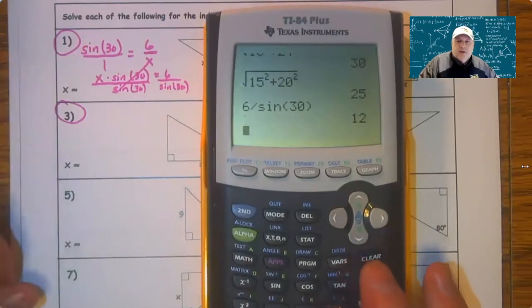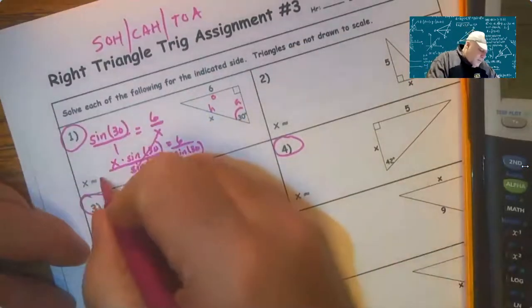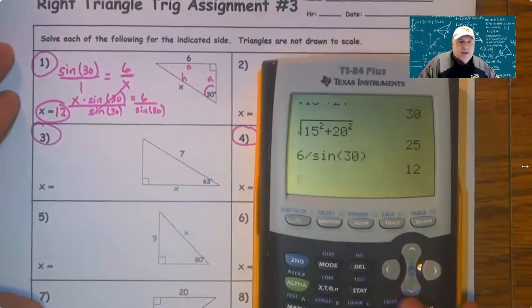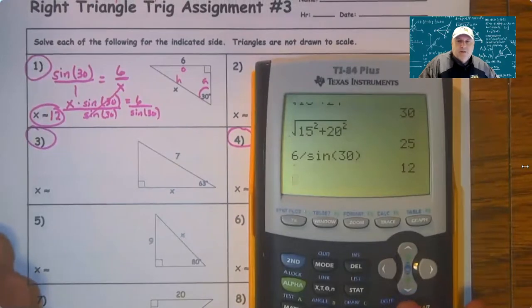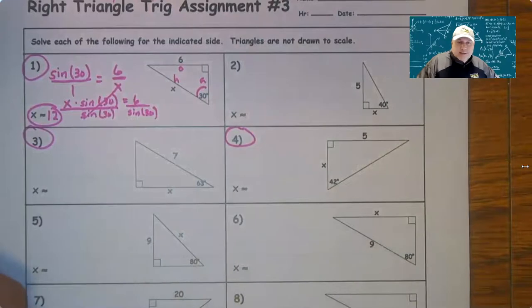It's in the learning plan. Just look at it, watch the video. You do need to make sure you're in degree mode as you do this. If you're not in degree mode, you're going to get answers that don't make sense. This is also a 30, 60, 90 right triangle, which you're going to learn about, how the hypotenuse is double the side that's opposite the smaller angle.